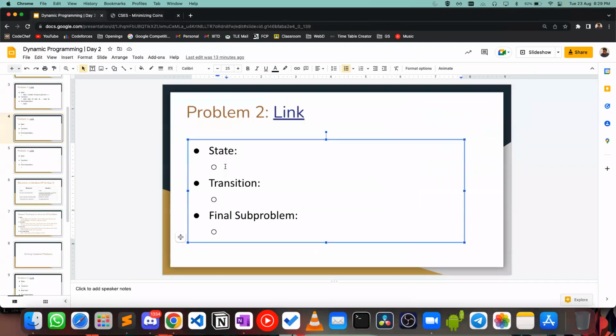Right. So let's just write it down here in the slide so that you guys have some idea when you're going through these slides. We have dp of k equal to minimum coins required to make sum equal to k, right? And here the transition is dp of k is equal to 1 plus minimum of, and you have a lot of choices here. So you'll say dp of k minus coins i.